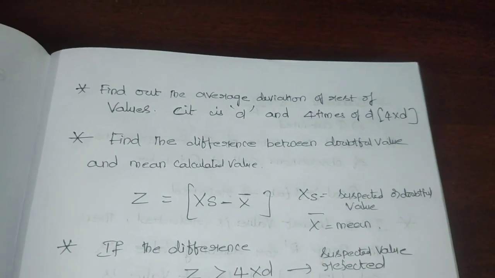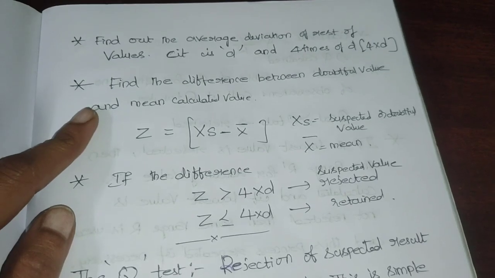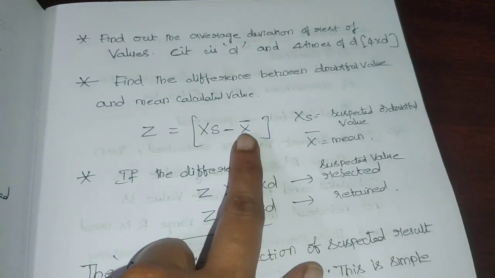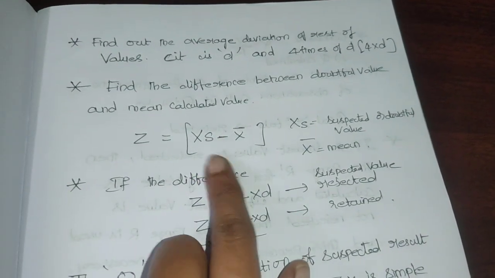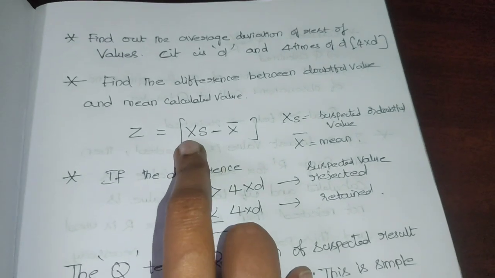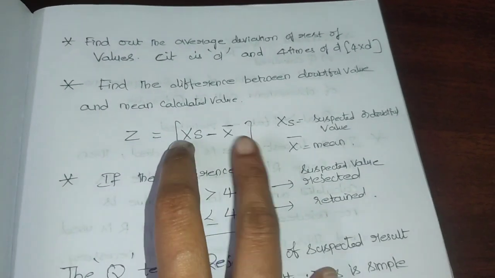After that we find the difference between the doubtful value and the calculated mean. The doubtful or suspected value, both are the same: Xs, the suspected value, minus the mean we calculated.